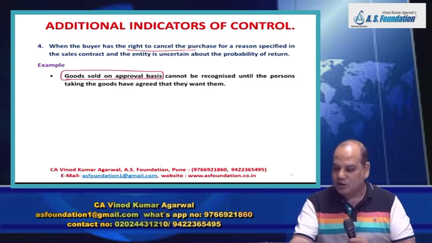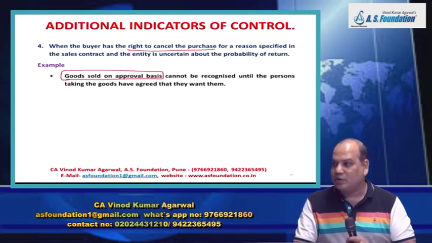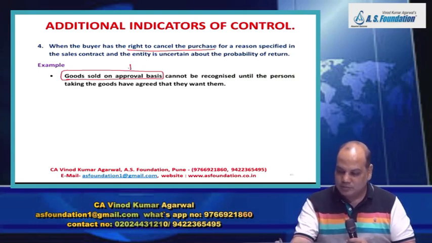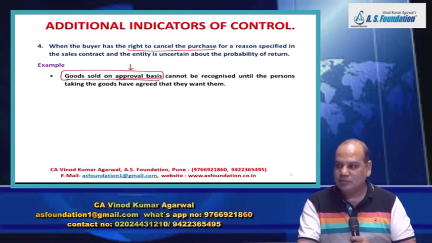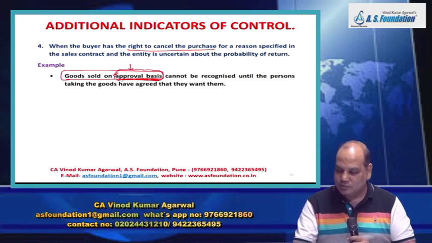Buyer has a right to cancel the purchase, and we don't know whether he will like it or not. In such an example, what you have to do? Wait. Till how long? Till you receive the approval that yes, I want to buy this, or implicit approval. The buyer does something which amounts to approval only.